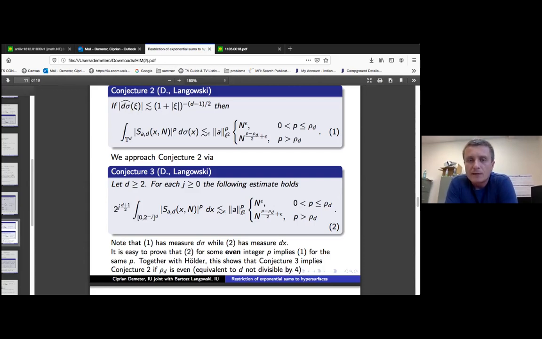And the bottom line is that whenever the critical exponent rho d happens to be even, and this is the case 3 out of 4 times, it's an even integer, in fact, whenever d is not divisible by 4, then we can use conjecture 3 to prove conjecture 2. All right, so at least we have a clean path to proving conjecture 2.